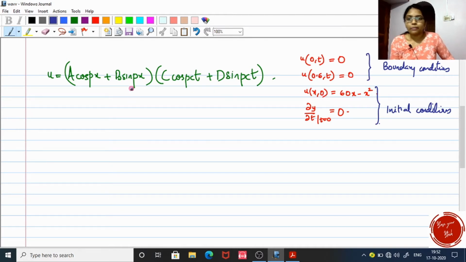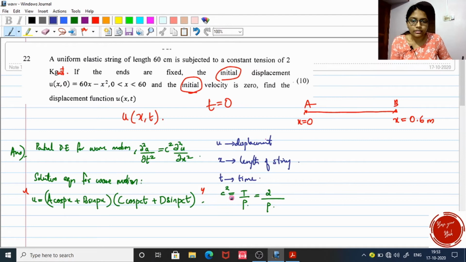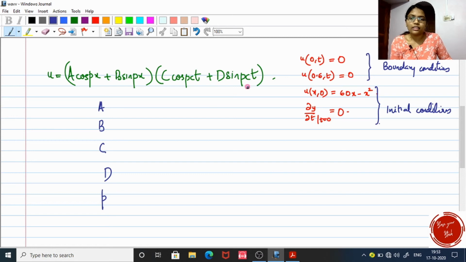Our aim is to find the unknown values: A, B, C, D and also this small letter P are unknown. C is actually known, because we have c square equal to T by rho, a parameter associated with the string. But A, B, C, D and P are the constants which we need to find out. So let's substitute all these conditions one by one.